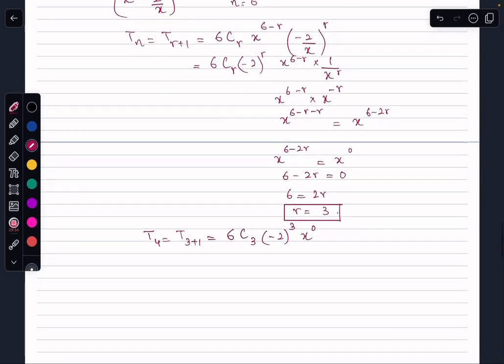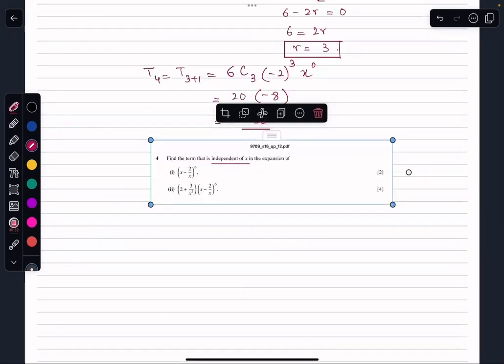So 6C3 is 20, times negative 8, which is negative 160. So this is the answer for this question.